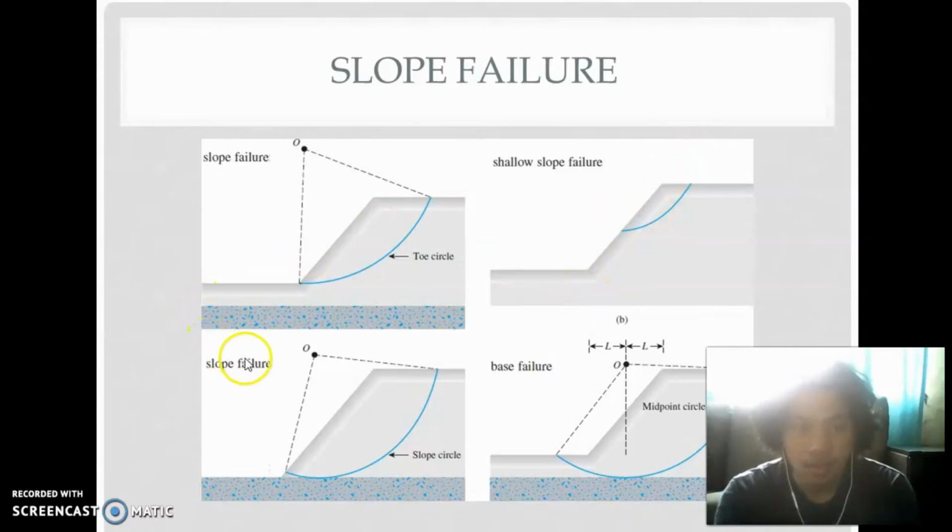The second one is slope failure at the upper base and the toe. The toe is basically the end of the slope. The third one is base failure, which is the failure from upper base to lower base.